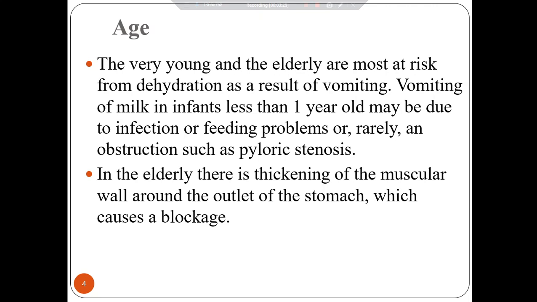Vomiting of milk in an infant less than 1 year old may be due to infection or feeding problems, or rarely an obstruction such as pyloric stenosis. In the elderly, there is a thickening of the muscular wall around the outlet of the stomach, which can also cause a blockage and result in vomiting.